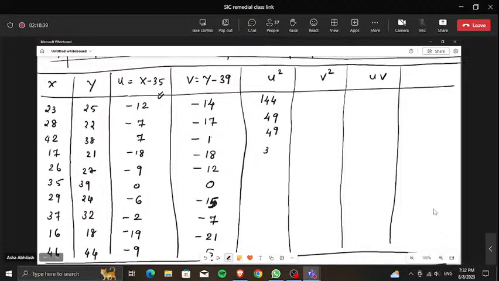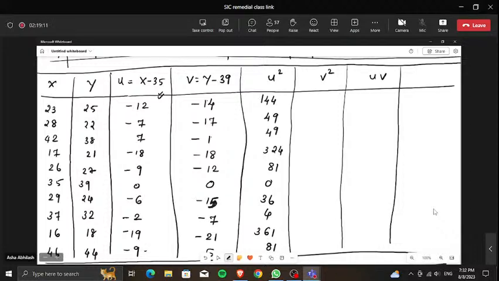144, 49, 324, 81, 0, 36, 4, 361, 25, and 81. No, it's 9.